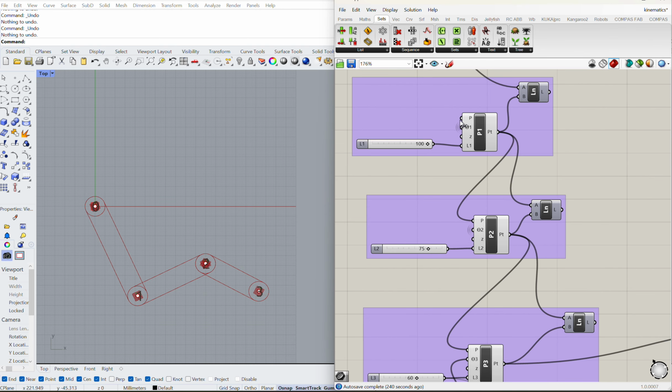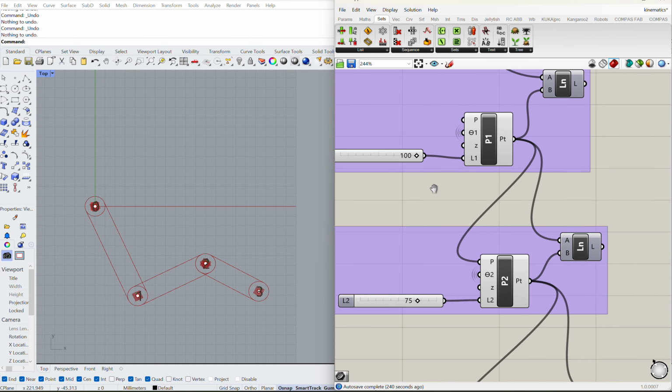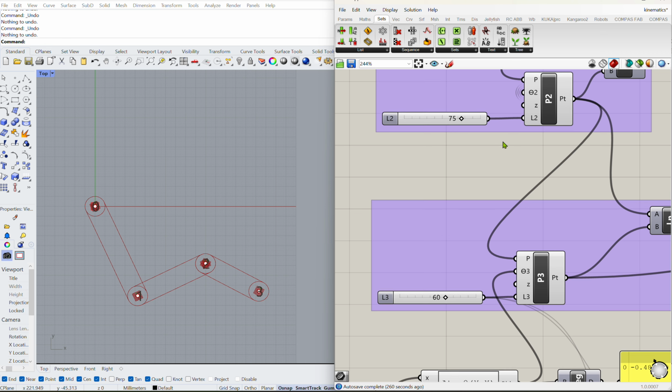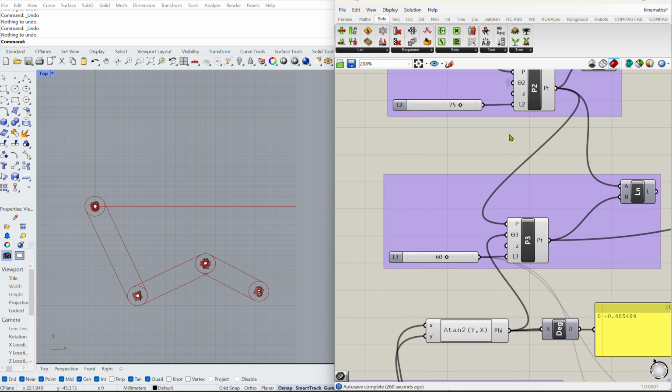So to find the actual theta 1, we actually do theta 1 plus theta 2. Or excuse me, theta 1 is just theta 1 on its own. And then to find theta 2, we find it by adding theta 1 plus theta 2. That's theta 2. And then theta 3 is theta 1 plus theta 2 plus theta 3.